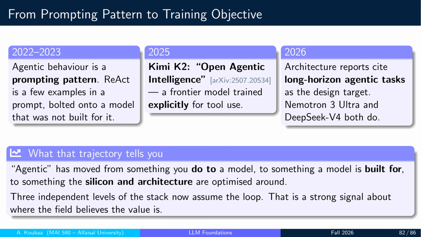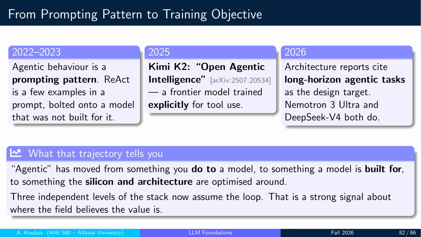Look at this trajectory across 3 periods because it tells you where the field is going. In 2022 and 23, agentic behavior was a prompting pattern. ReAct was a few examples in a prompt bolted onto a model that was not built for it. In 2025 came K2, Open Agentic Intelligence, a frontier model trained explicitly for tool use.